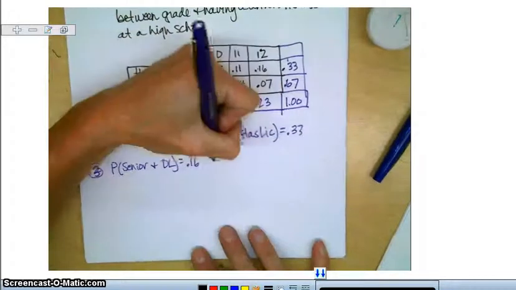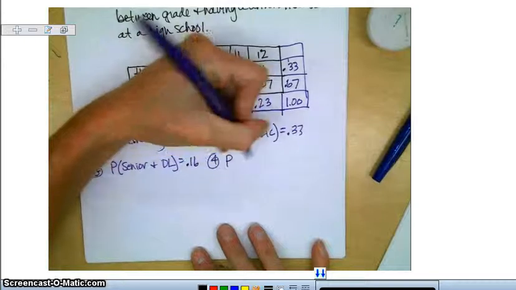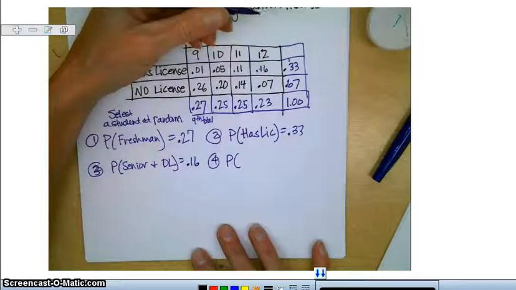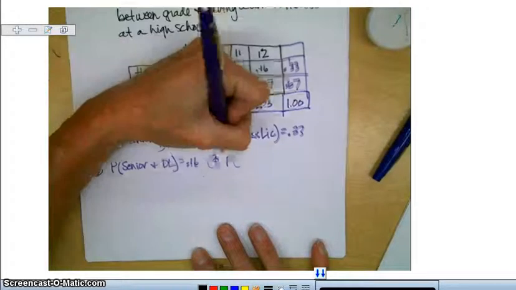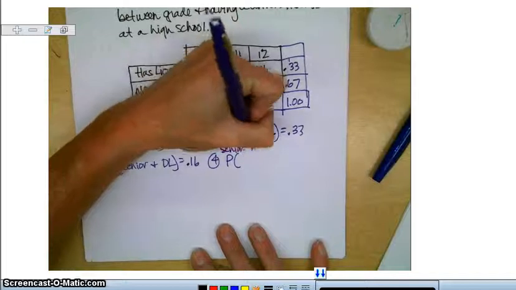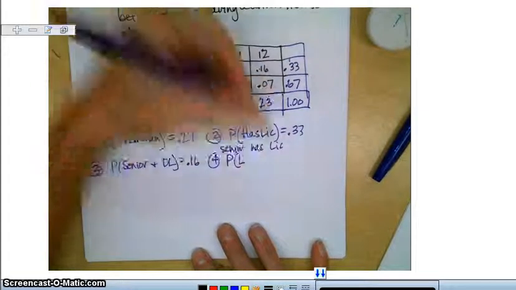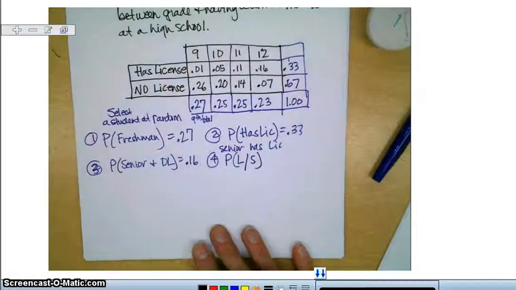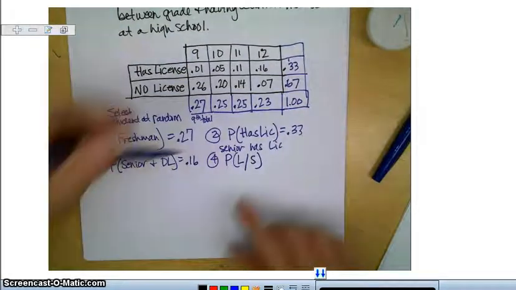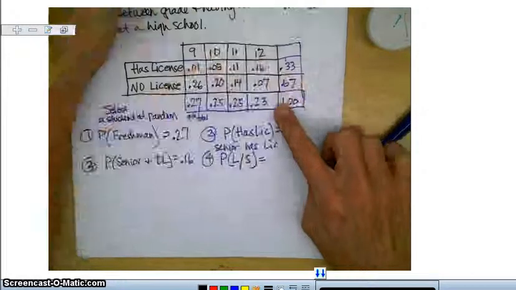All right, number 4, what is the probability that a senior has a driver's license? So senior has license. So that means the probability that they have a license given that they are a senior. That's what that means. So I'm going to look at the seniors. So this is going to be out of 0.23.